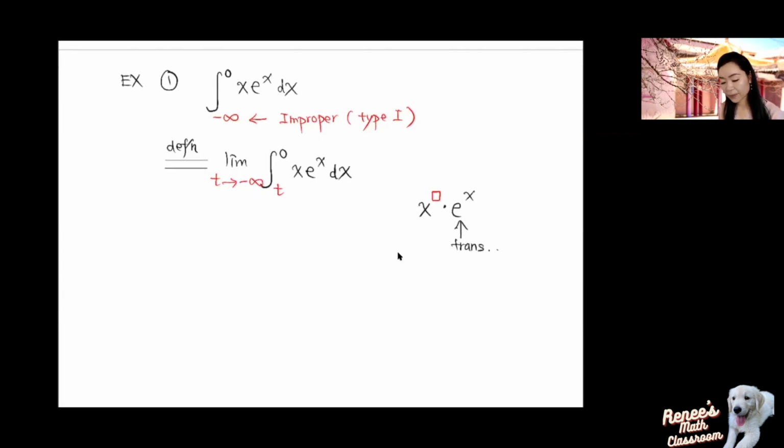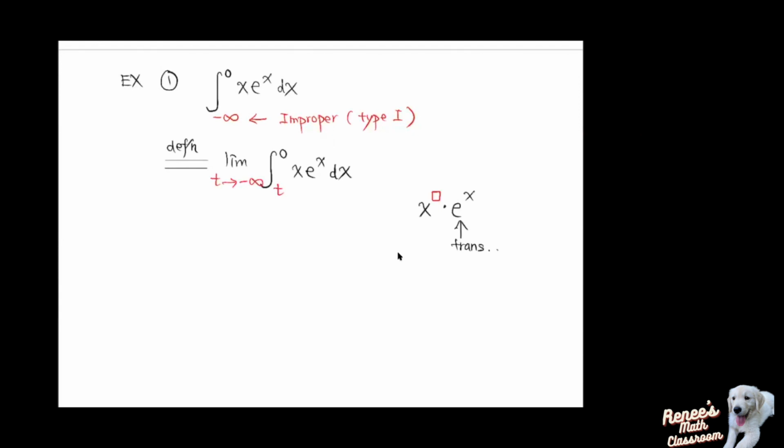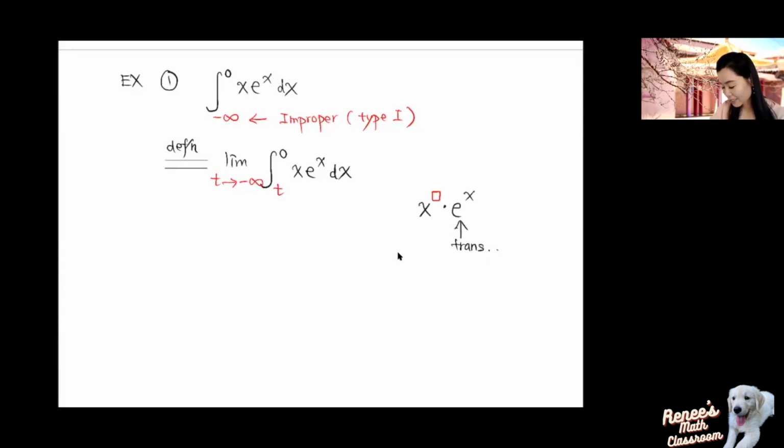So what type of strategy, what technique do we use to integrate this? Integration by parts. Yes, good job. You guys are experts on this now, okay? I'll be so proud of you.